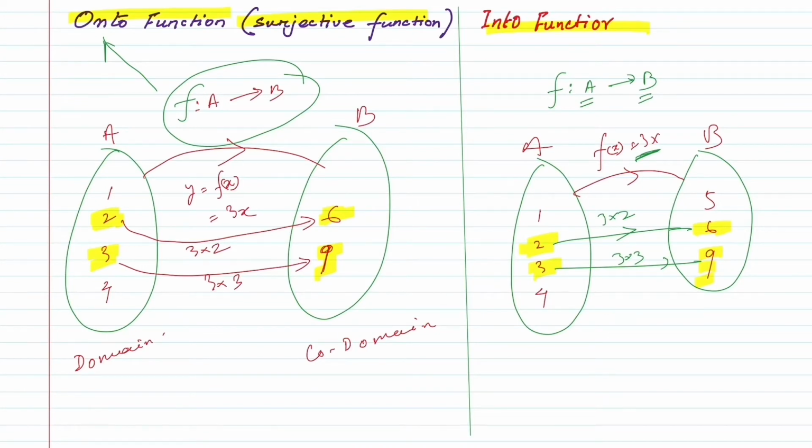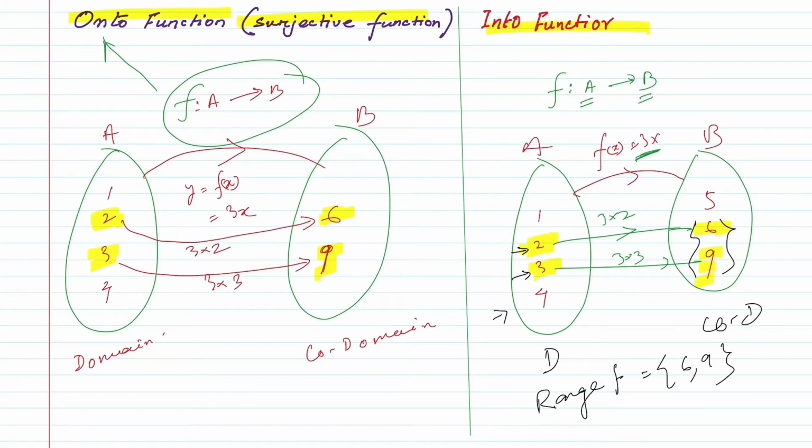As we know, this is the domain and this is the codomain, isn't it? But here you see the set containing these two elements, which are the images of some elements in the domain, is called the range of f. This is 6, 9.